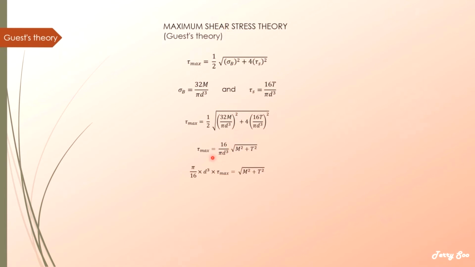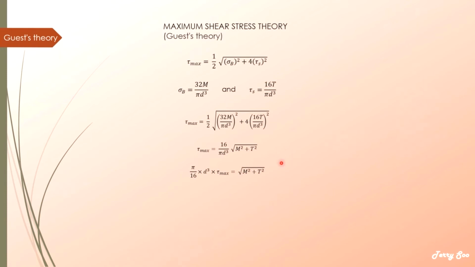We also know that, based on the shear stress strength relationship, this side is equal to the square root of M squared plus T squared. Bringing pi d cube and 16 over to the left hand side, you have pi d cube over 16 times tau max, and what is left behind is the square root of M squared plus T squared.